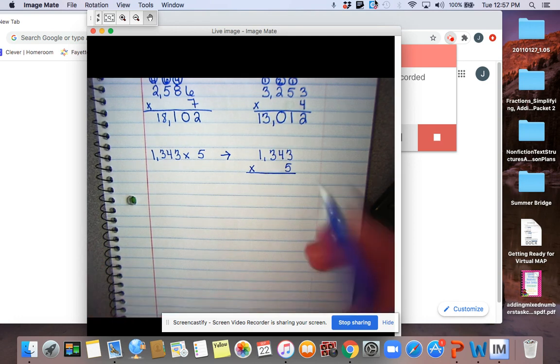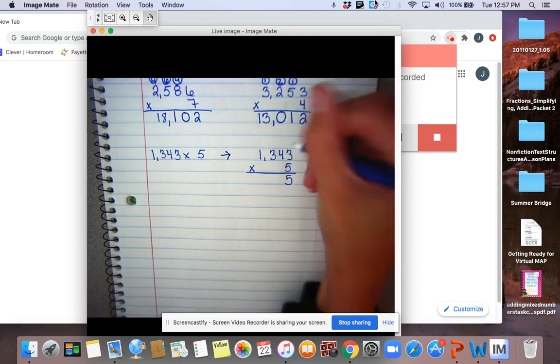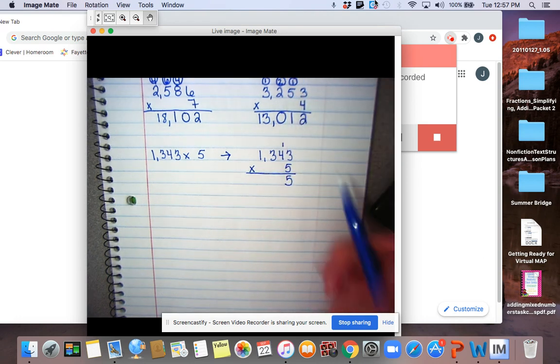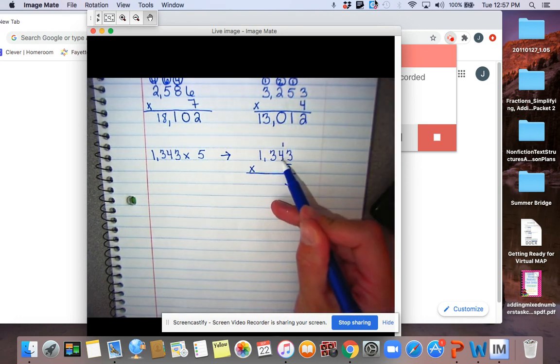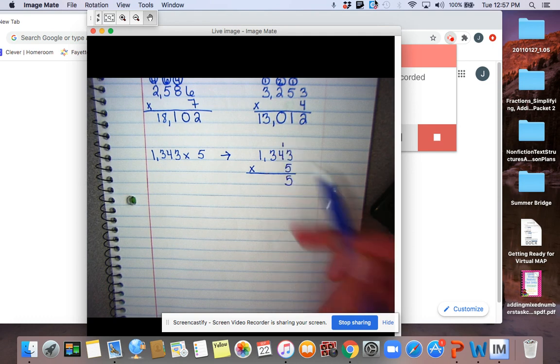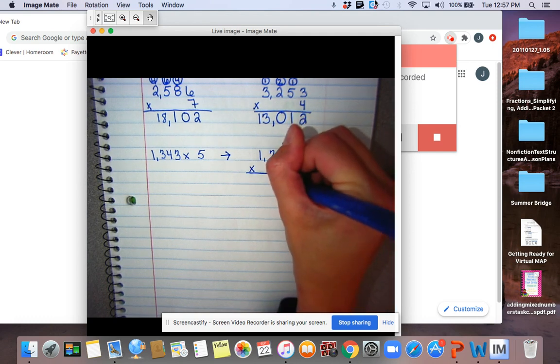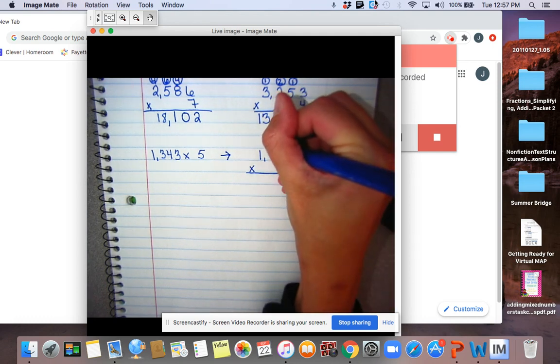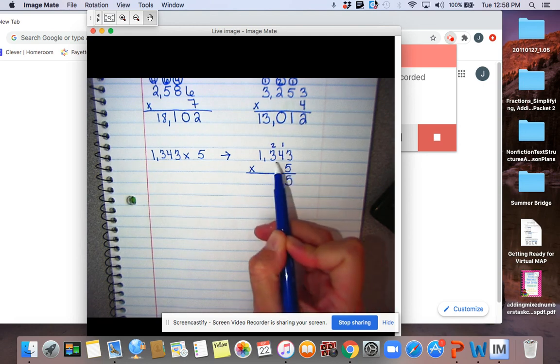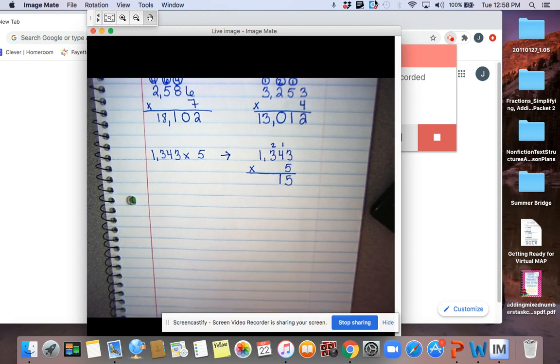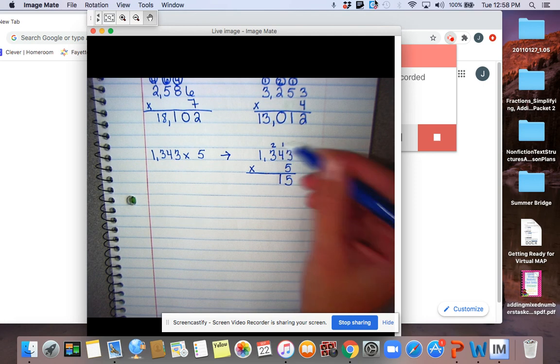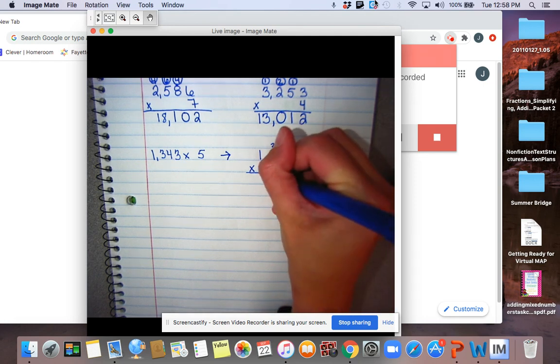All right. 5 times 3, I know that is 15. I'm going to carry my 1. 5 times 4 is 20, plus 1 is 21. Carry my 2. 5 times 3 is 15 again, but we have to add our 2, which is 17.